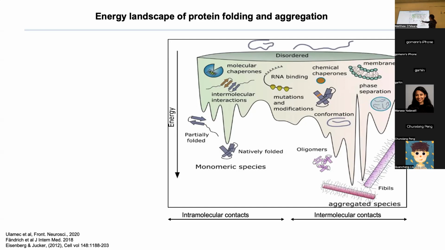However, on all these other sites on the right, there is multimerization, which is oligomerization, amyloid fibril formation, and now really coming up very strong, the phase separation of proteins. All of these processes are driven by intermolecular contacts. And typically large proteins, including TGFBI, need the help of chaperones.